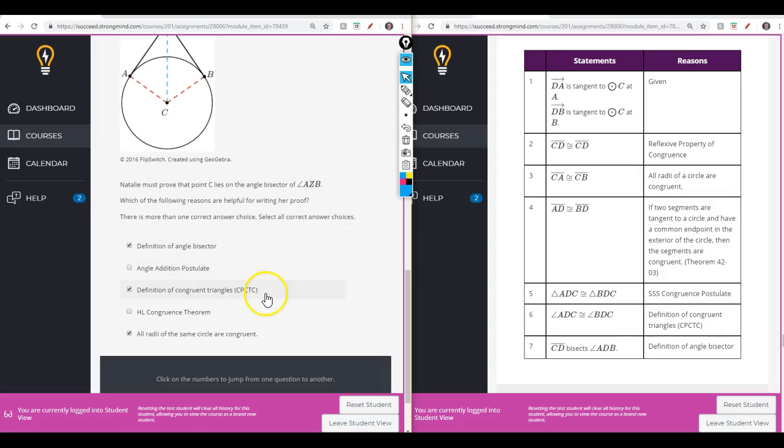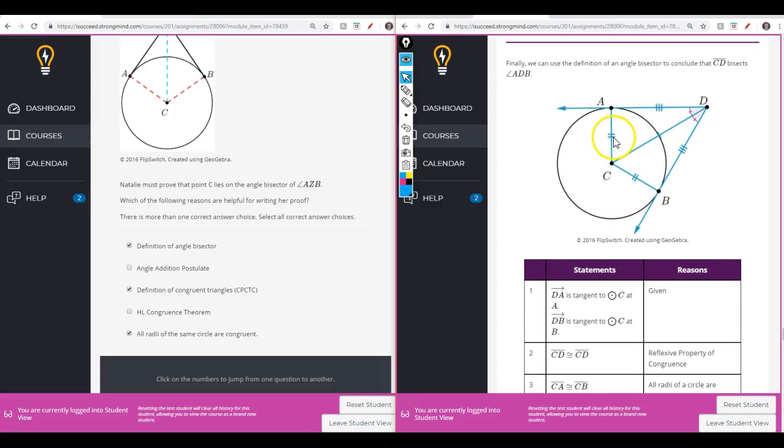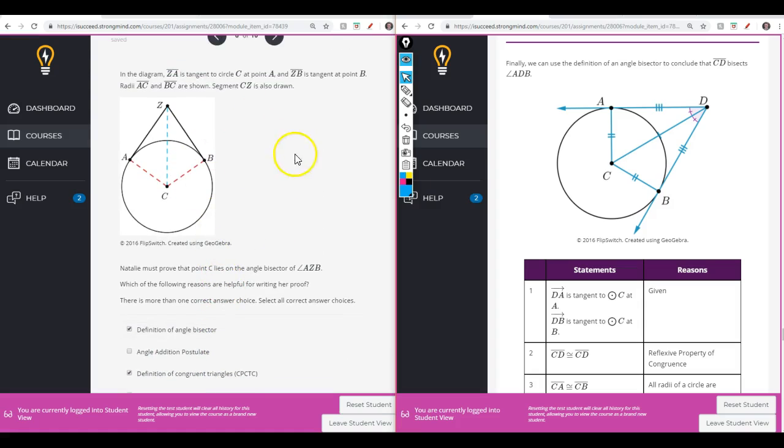So now the one theorem that I'm not sure of is this side, side, side congruence, because they proved side, side, side. With this, if we know that these lines are tangent right here, that means they have a 90-degree angle.